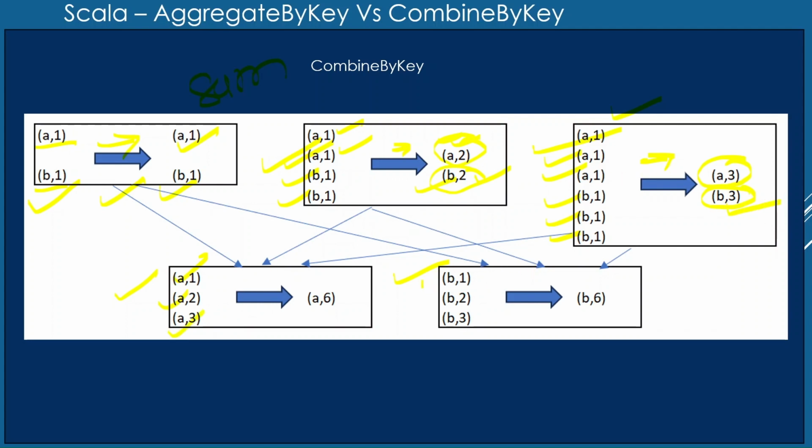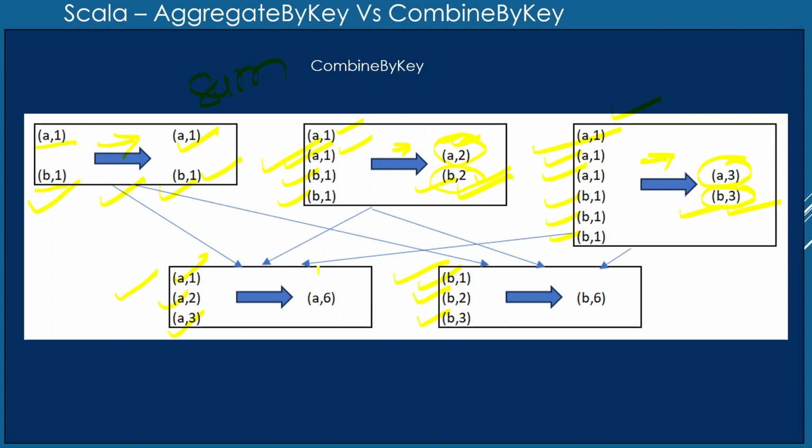Here also B1 is coming from the aggregated result of this partition, B2 from this partition, and B3 from this partition.